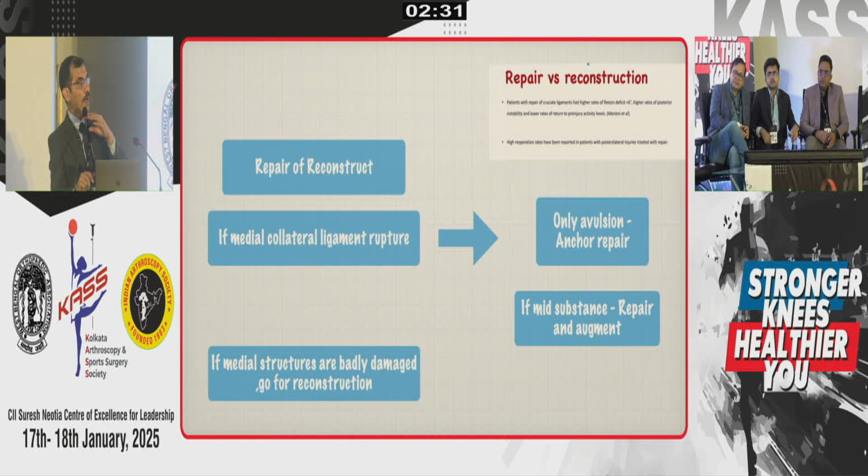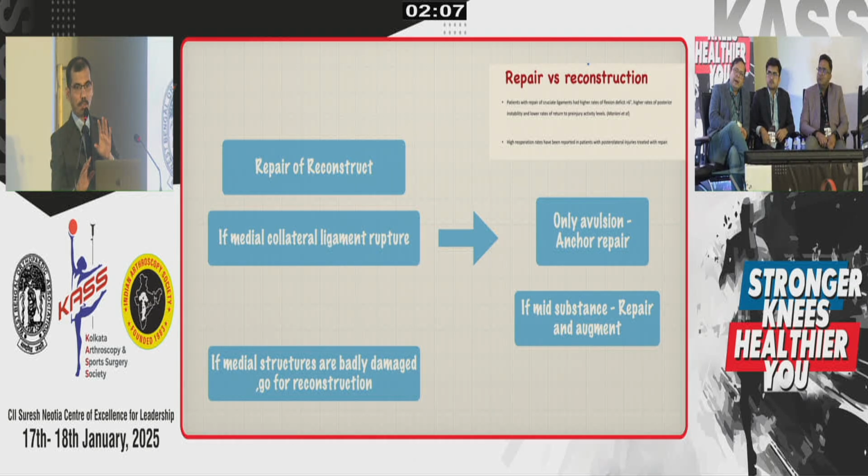Whether to repair or reconstruct? Anywhere you see an avulsion type of fracture or avulsion type of ligament injury, repair will work if you do it in the early stage. If you have a mid-substance injury, then you do repair plus augment; only then are the results better than repair alone. So this is the simple dictum to keep in mind: mid-substance, repair and augment.